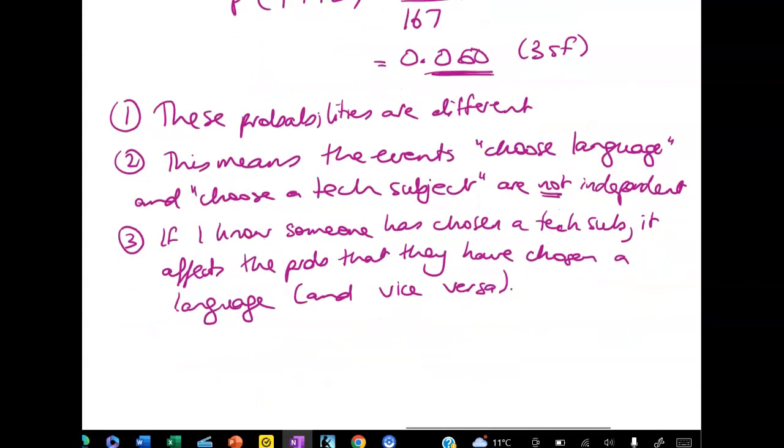And the last thing we've got to say here is what we said before. The school's claim is invalid.